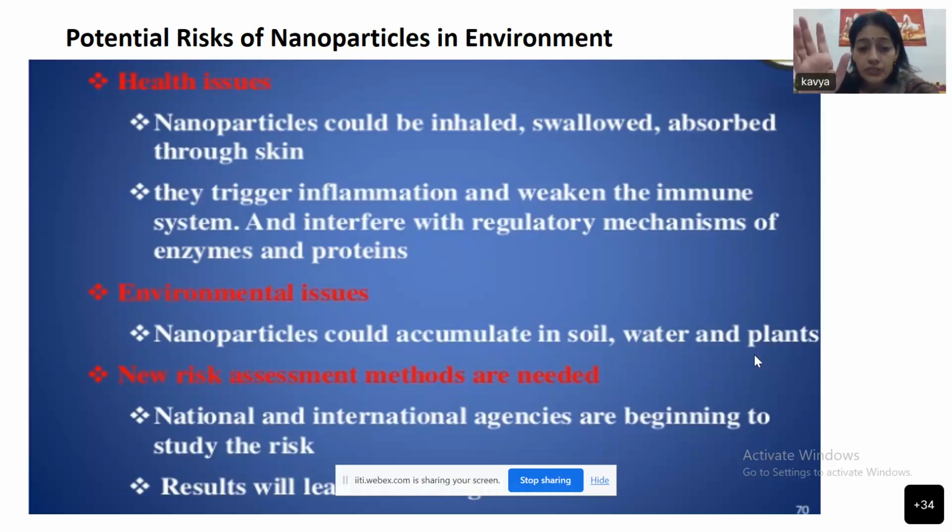Then environmental issues: it could accumulate in soil, water, and plants. And new risk assessment methods are needed, because right now what we are doing is just seeing the soil and monitoring it over a period of time, just testing whether the nanoparticles are still there, or whether the problem for which we introduced the nanoparticles is still there.